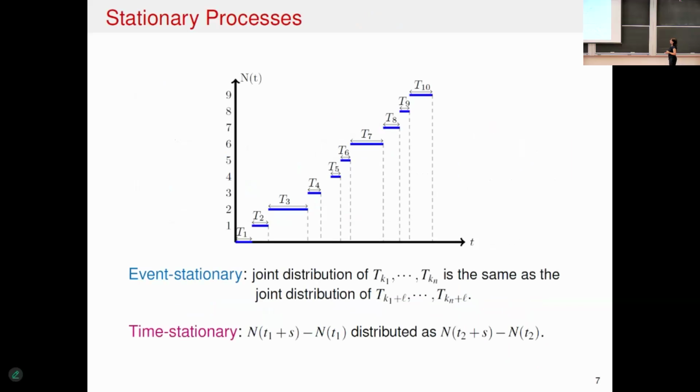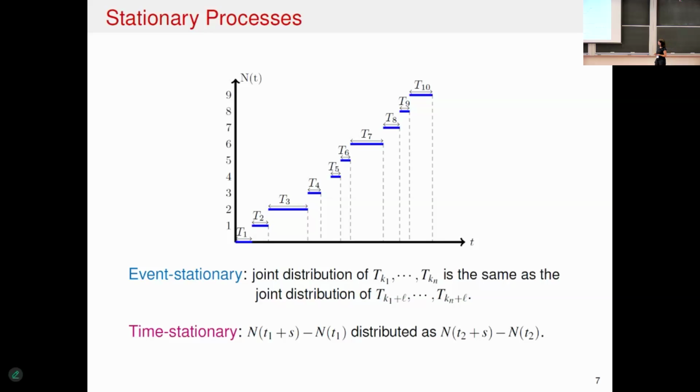When we talk about the stationarity of the Markovian arrival process, actually we have two kinds of stationarity. One is related to considering the inter-event or inter-arrival process, which is known as event stationary. Briefly, it says that if we consider the joint distribution of n consecutive inter-arrival times and we shift them in time, this distribution doesn't change.